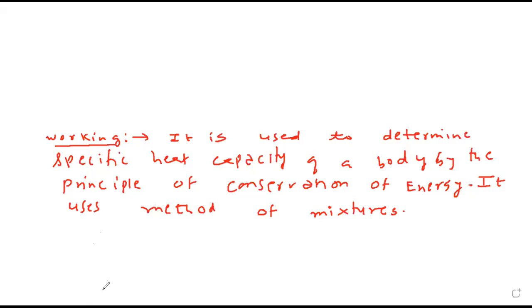It is used to determine specific heat of a body by the principle of conservation of energy. It uses the method of mixture. So sometimes they can ask in an MCQ, which technique is used to find specific heat? The technique is called the method of mixture.